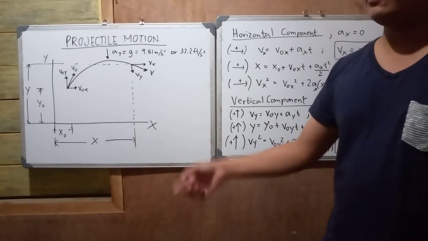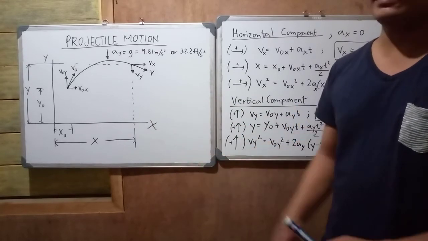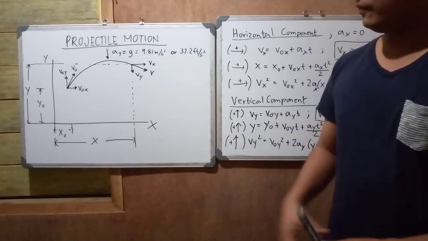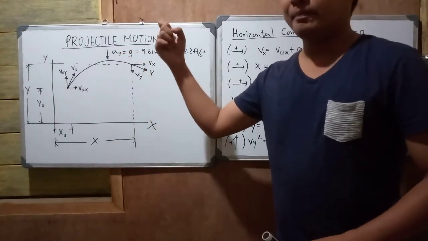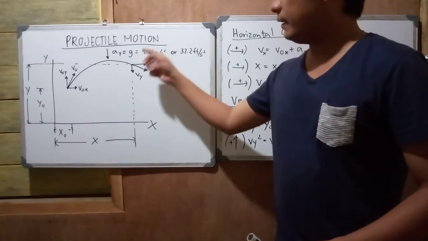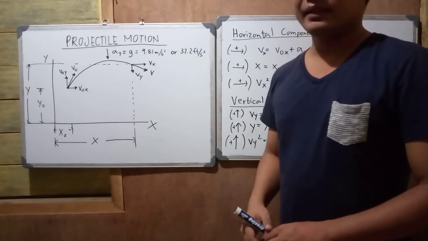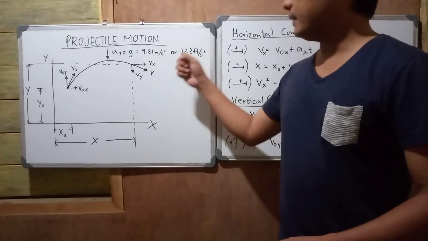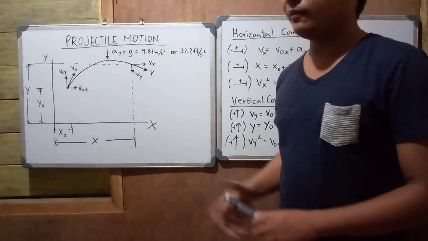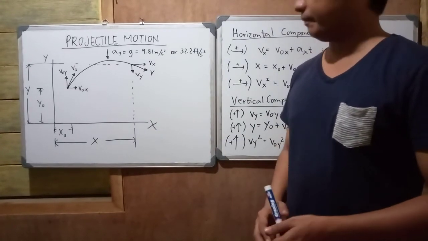speaking of 2D, two-dimensional projectile motion, we all know that we already have acceleration due to gravity, which is g. In this case, your g is equivalent to 9.81 meter per second squared or 32.2 feet per second squared.